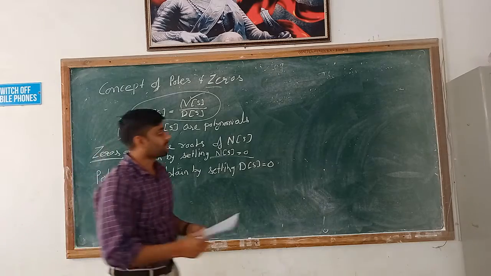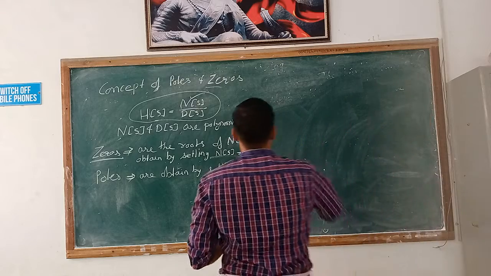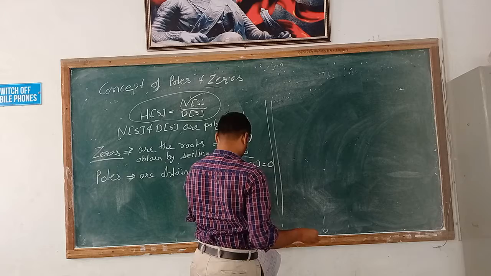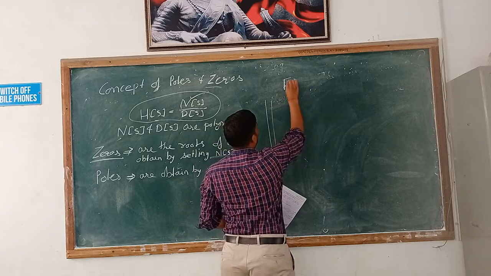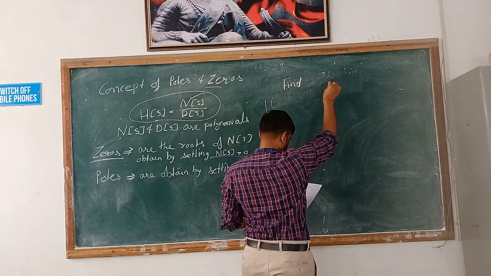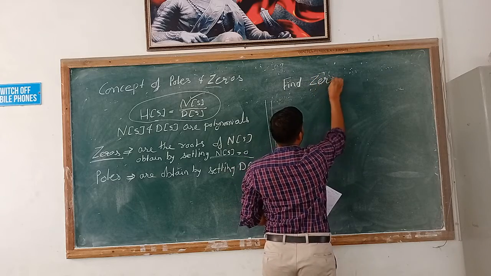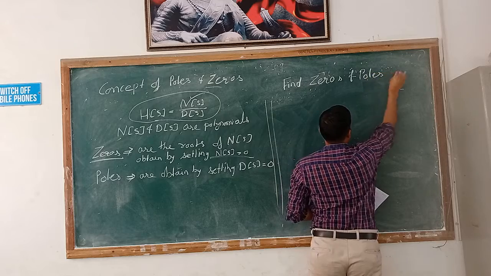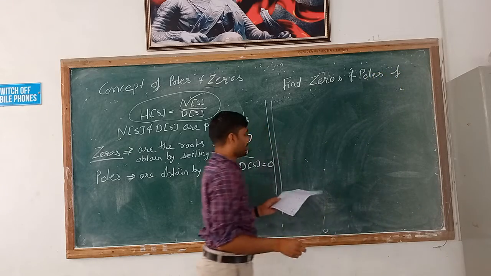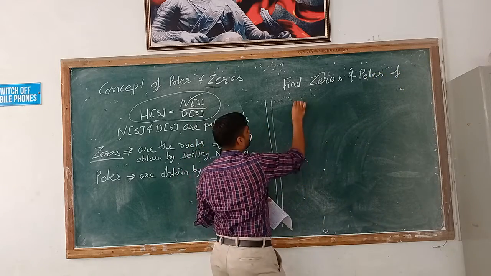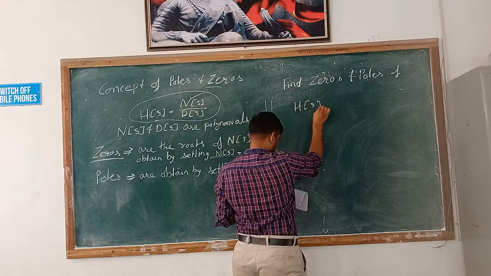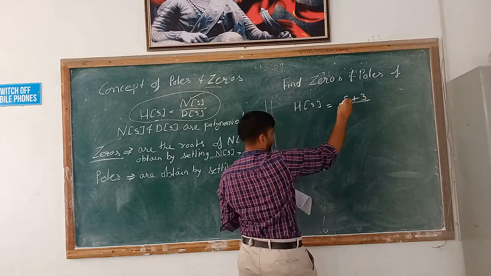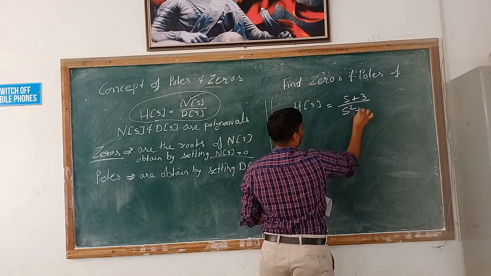So now we are going to take the numericals. One: find the zeros and poles of the system having the transfer function H(s) equal to (s plus 3) upon (s squared plus 4.5).